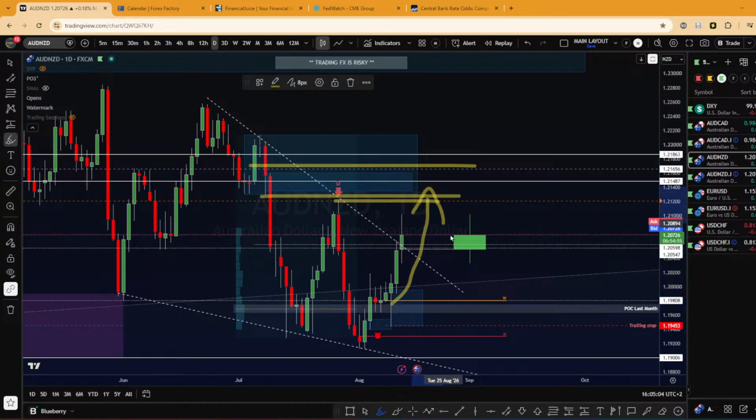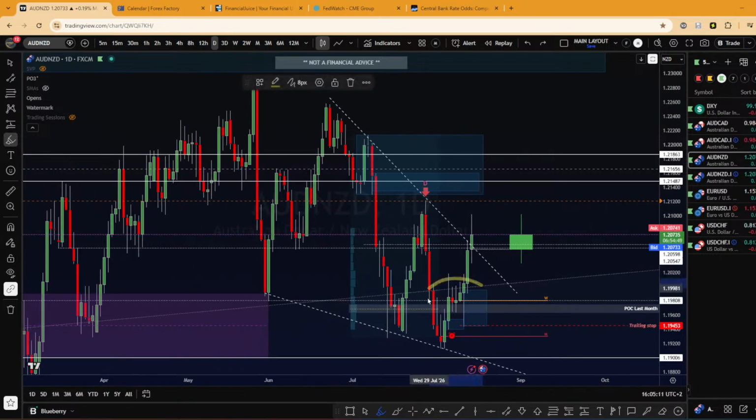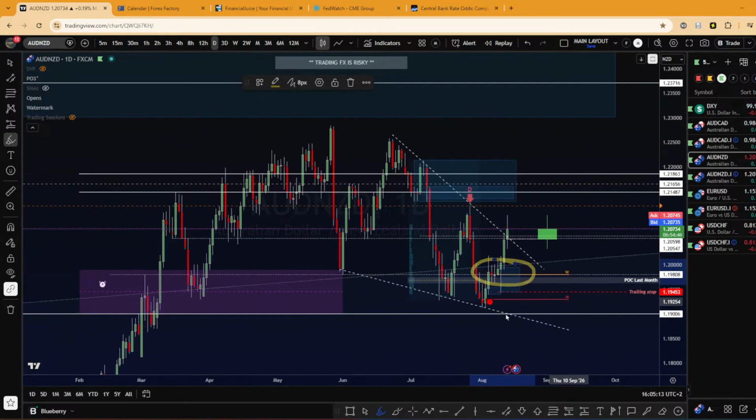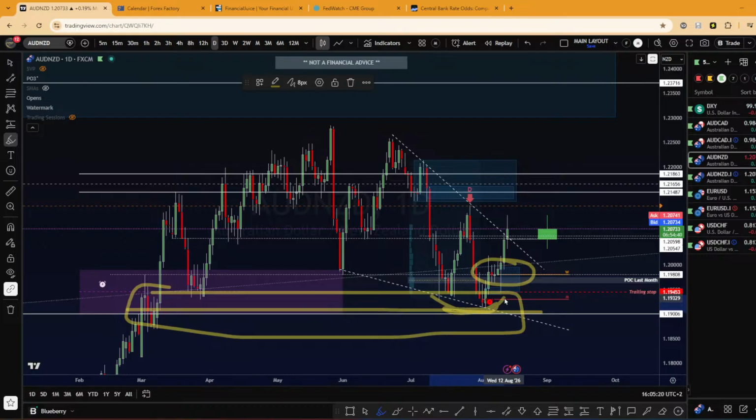So I want to see price push towards this level. I buy around here after a rejection of this demand zone. See, this level is a demand zone, so we reject perfectly.